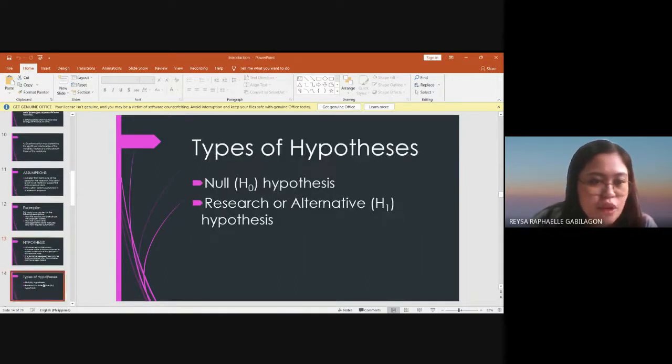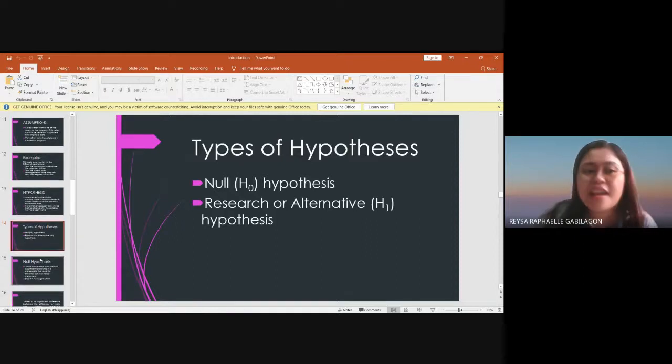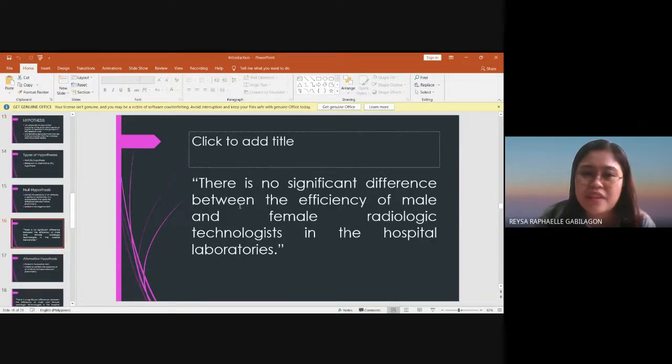So we have two types of hypothesis. I am also assuming that you know this very well: the null and the research or alternative hypothesis. The null denies the existence of a relationship or difference between your variables, and thus is stated in the negative form. For example, there is no significant difference between the efficiency of male and female radiologic technologists in the hospital laboratory.